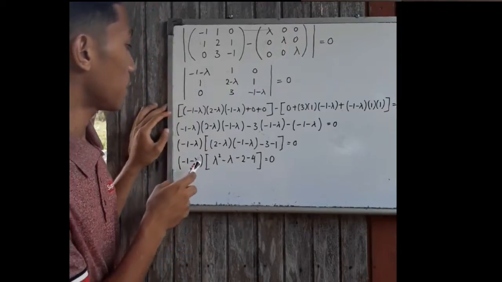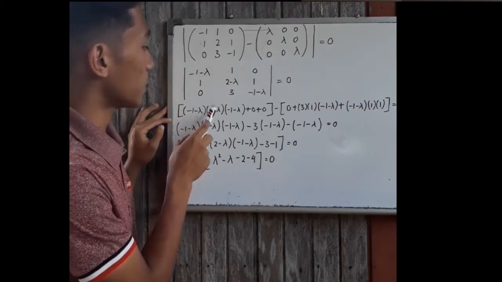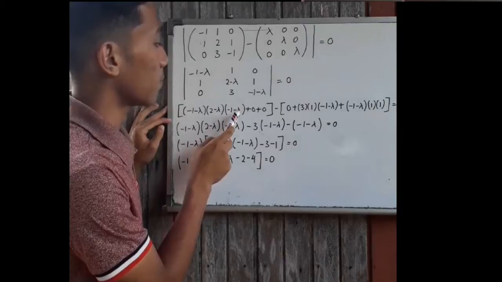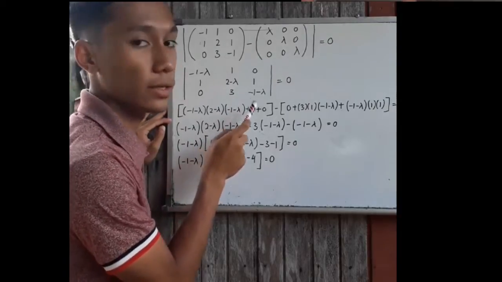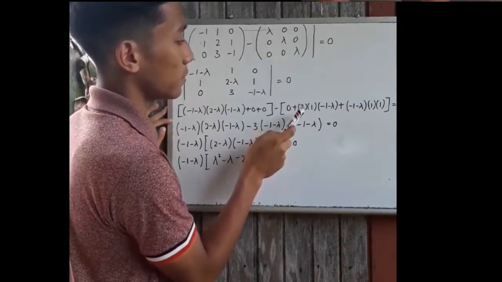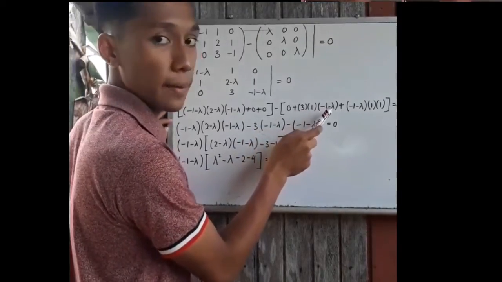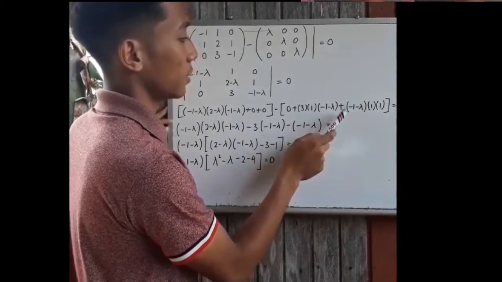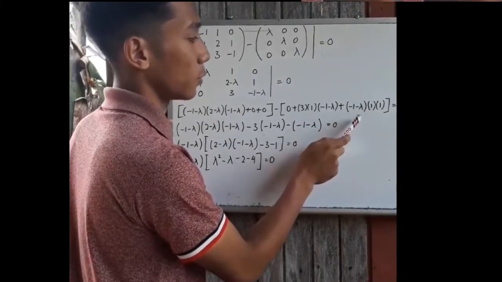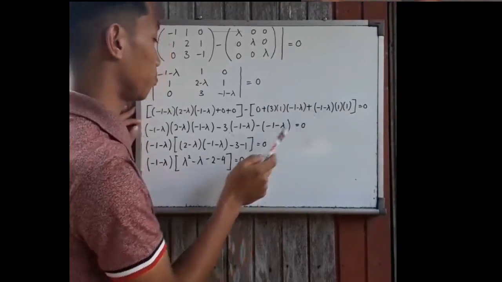and then we get negative 1 minus lambda, 2 minus lambda, negative 1 minus lambda, plus 0 plus 0, minus 0 plus 3 1, negative 1 minus lambda, plus negative 1 minus lambda, 1 1, and equal to 0.